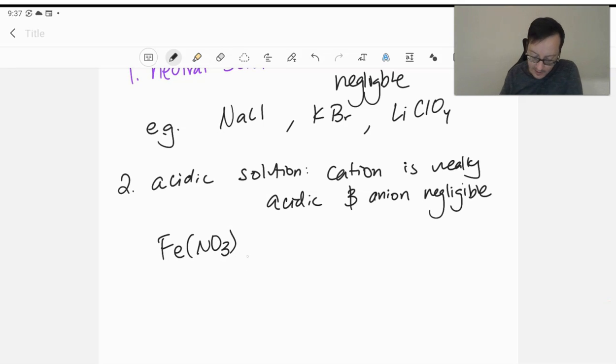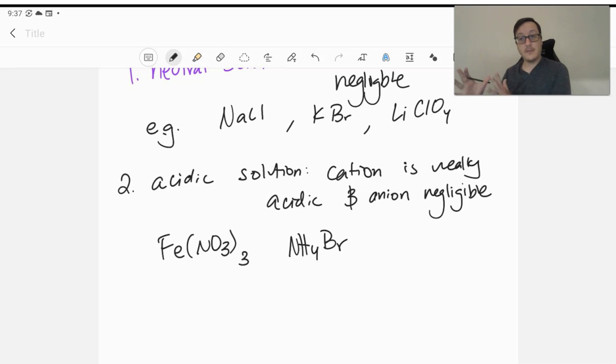The iron 3 ion is acidic, but the nitrate ion is not basic. So you have a weakly acidic cation and a negligible anion. Another example would be something like, why don't we have ammonium bromide, right? Bromide, negligible anion, which is therefore a negligible base. We have a weak acid as part of our cation. So we'll end up with an acidic solution.